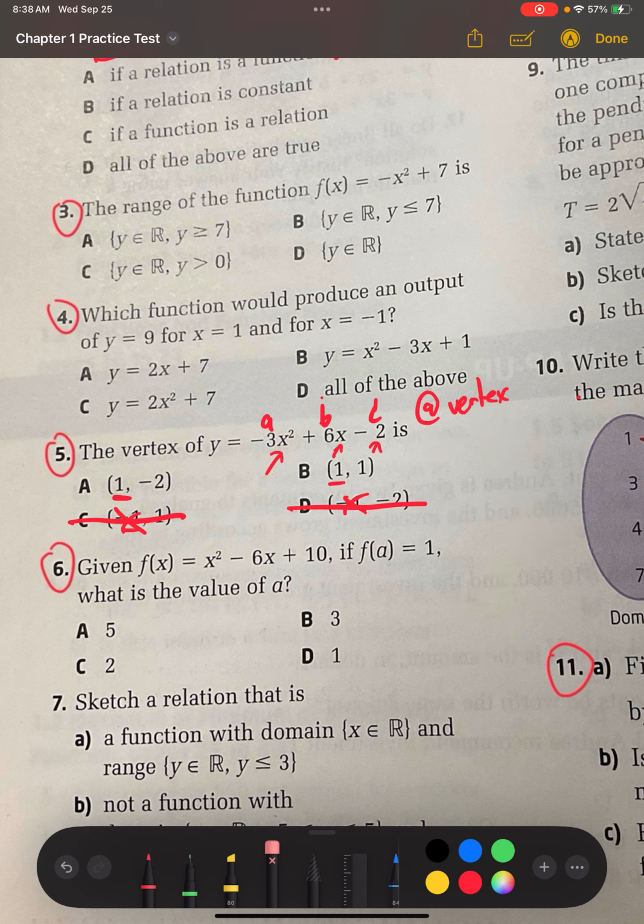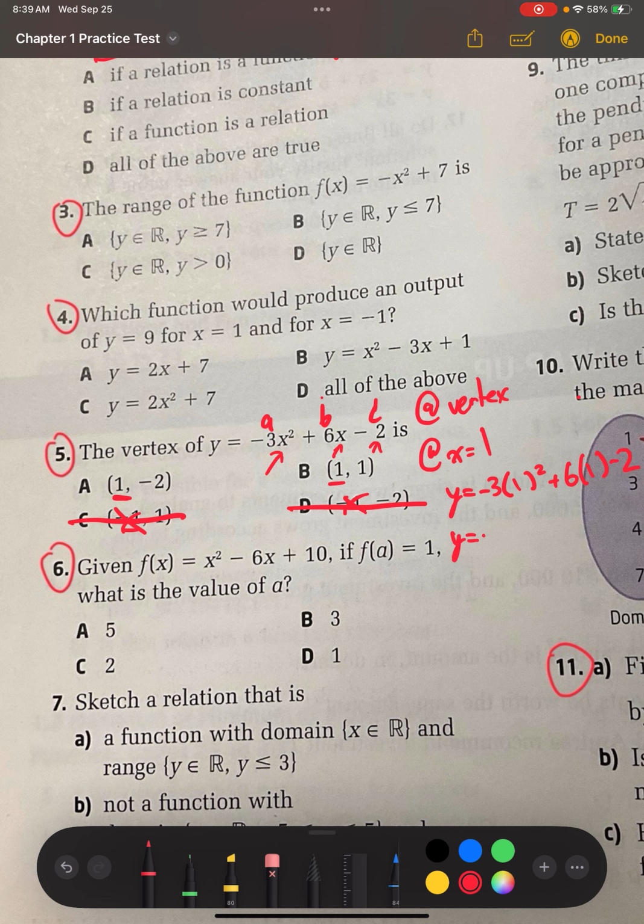So let's do that. At x equal 1, y equals minus 3 x squared plus 6 times, we'll just write 1 in there, minus 2. So what does that equal?